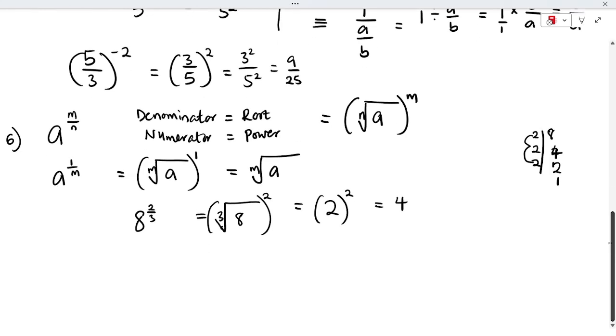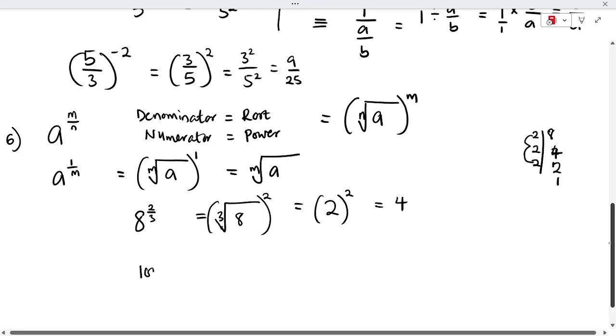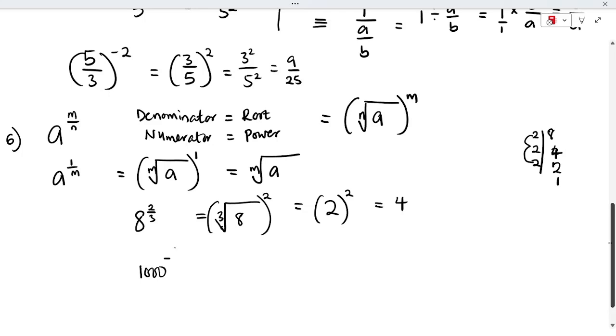Well, just to add some fun to it, let's have 1000 raised to power minus 1 over 3. Just trying to make it fun. What's the first thing we do? You observe the index is negative.